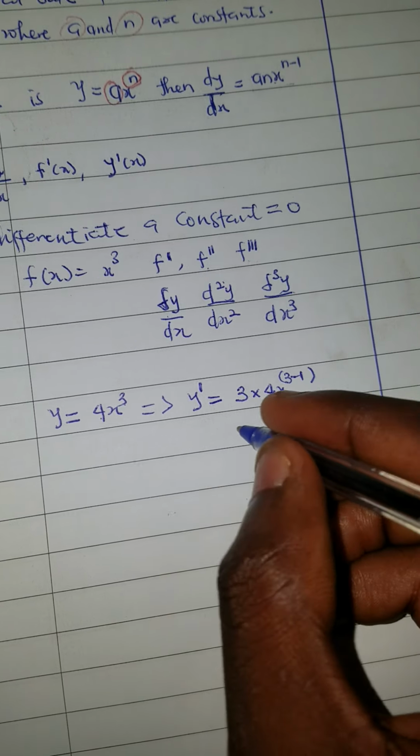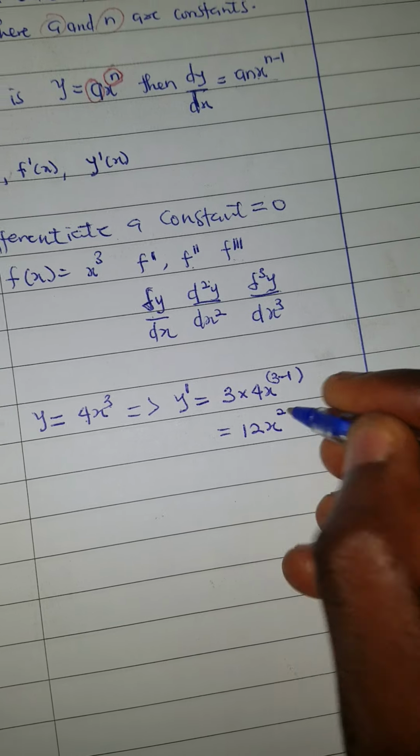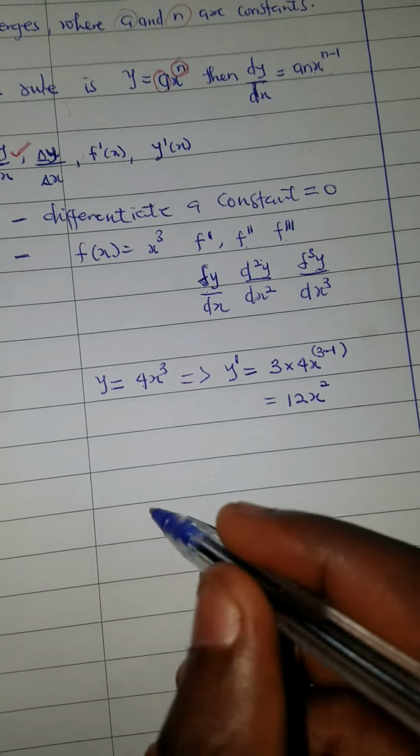That will give us 12x raised to the power 2. That is all the general rule is saying.